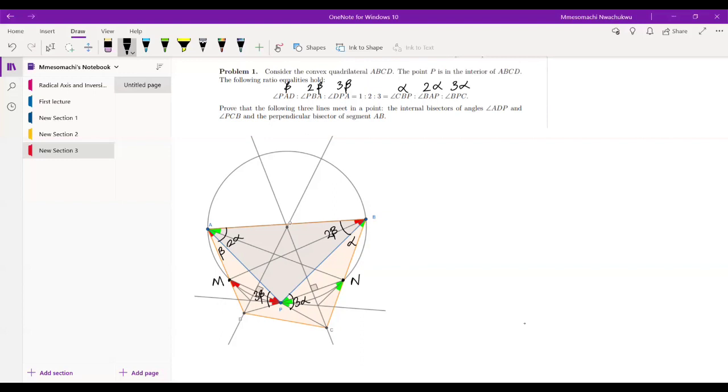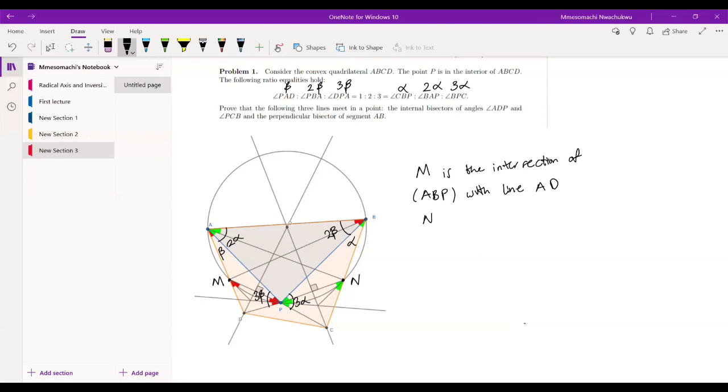So how are points M and N defined? So I'll just write it here. Point M is the intersection of the circle ABP with the line AD, apart from A, obviously.